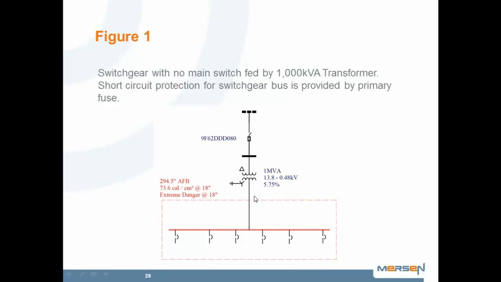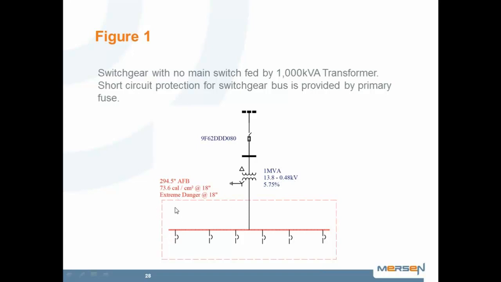This particular paper mill didn't have a secondary main, and that is still allowed by the code if you have a supervised installation and someone wants to cut corners. We don't recommend it, but there are a lot of installations like this. This is a 1000 kVA or 1 MVA transformer at 13.8 kV down to 480 volts.